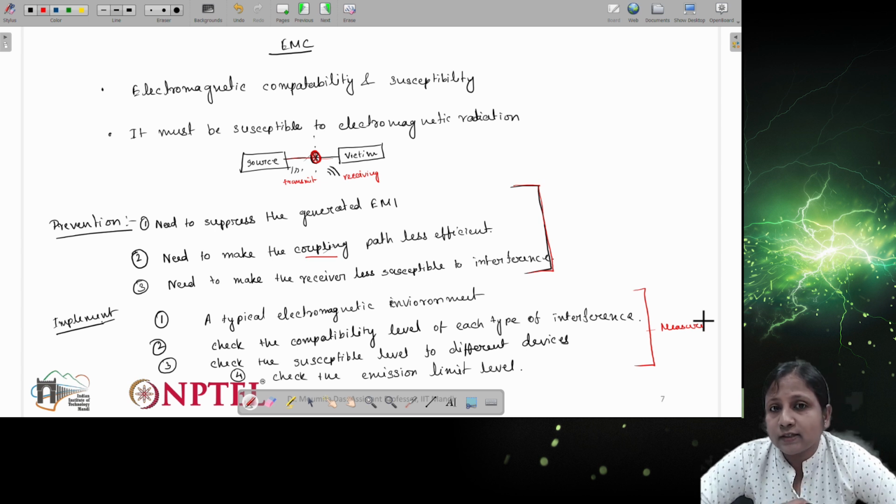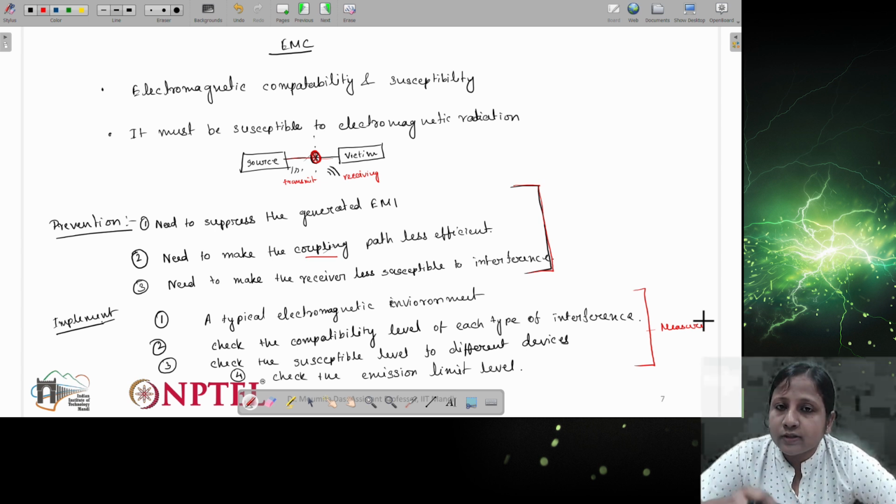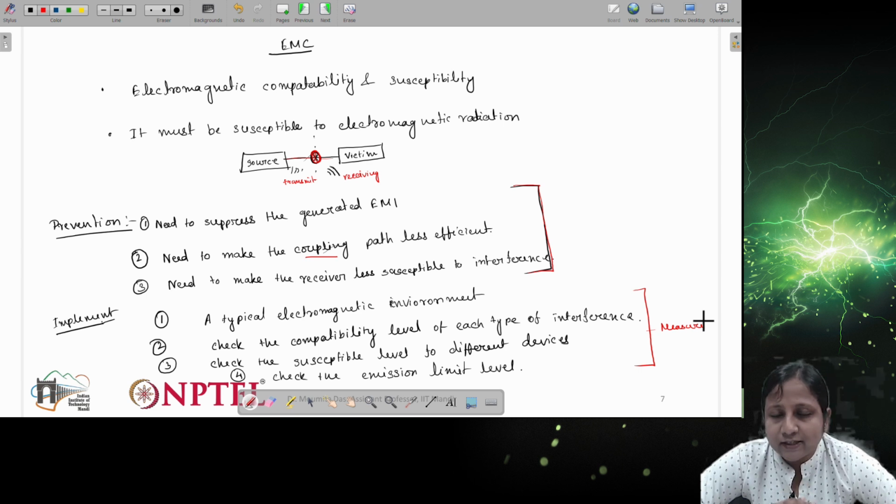In order to measure that, we have to create that electromagnetic environment. There we check the device noise level, and then we see the susceptibility of the device: how much noise it can tolerate and still operate properly. Once we have measured all this information, we can say whether the device is operating within the limit or the noise level in the system is above the limit.